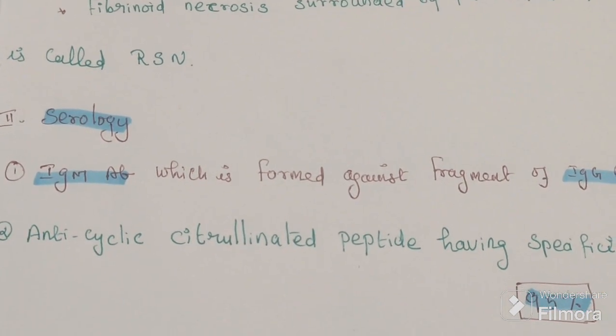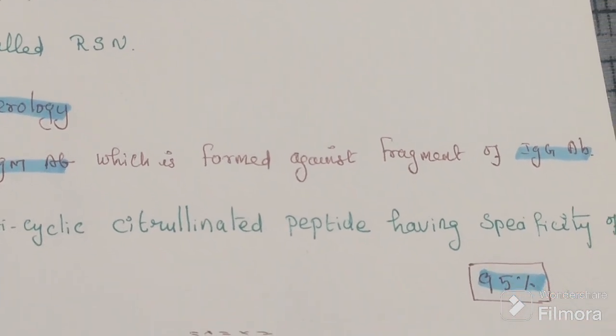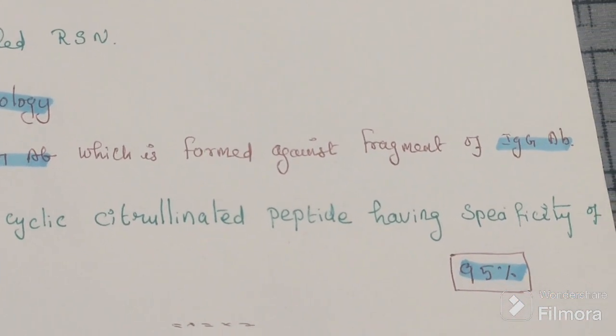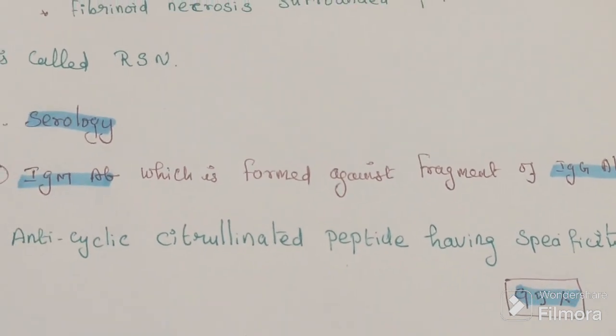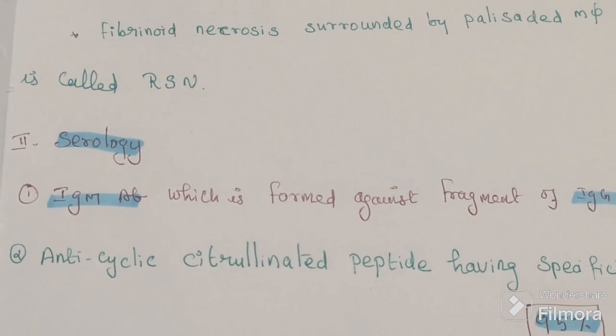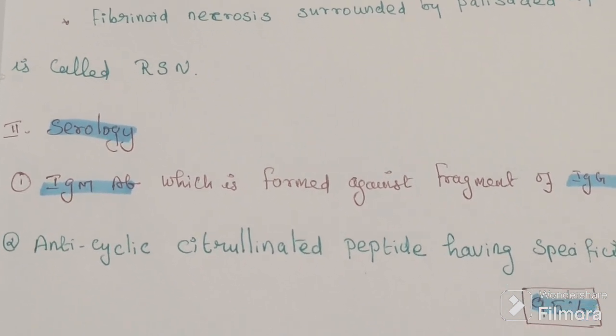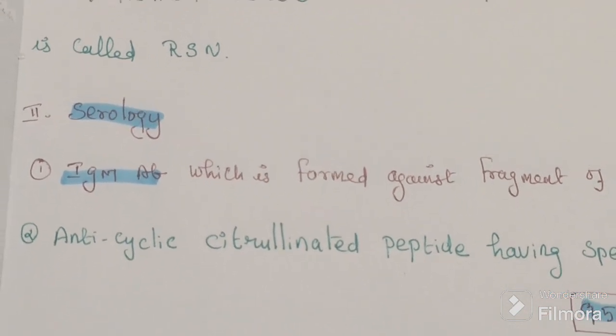Second is anti-cyclic citrullinated peptide, which has a specificity of 95% and is a specific investigation to confirm the diagnosis.